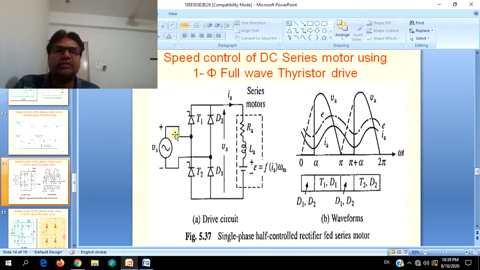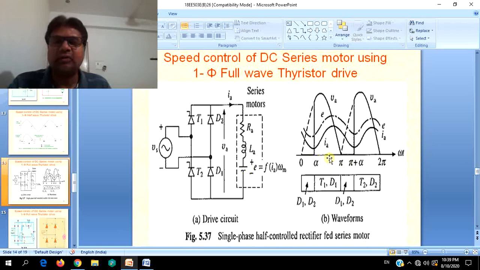During the positive half cycle, current flows via T1, the series field, the armature, D1 and back. During the negative half cycle, it flows via D2, in the same original direction, via T2 and back. So T1 is triggered at alpha for the positive half cycle, and T2 is triggered at pi plus alpha for the negative half cycle.